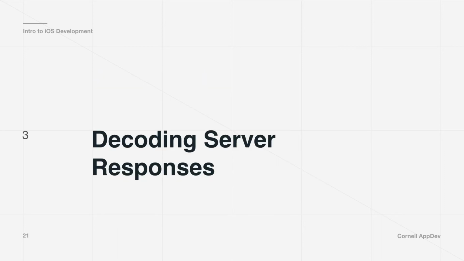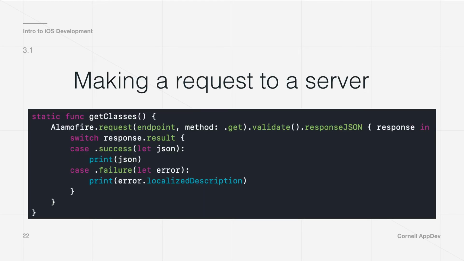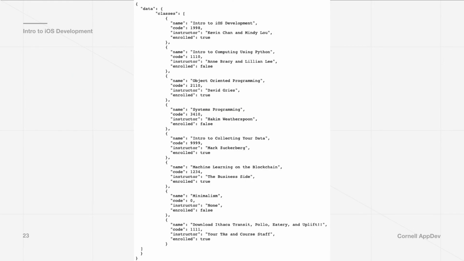Cool. Okay, so last week we got a response from the internet, and it was this giant JSON blob, right? But we actually want to take that JSON and convert it into something we can use. So we want to talk about how to decode data. This is the networking you saw last week, and this is the data that we got from our URL, and it's this giant JSON object.